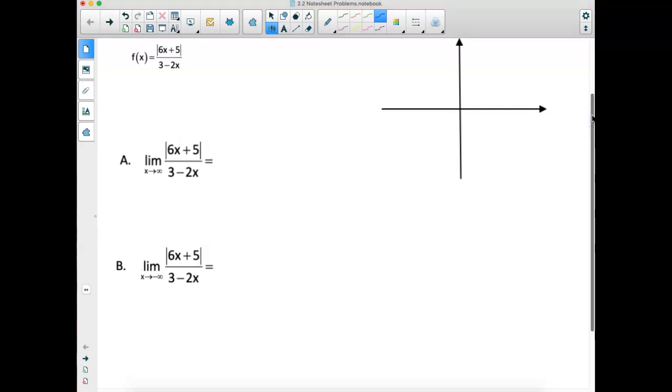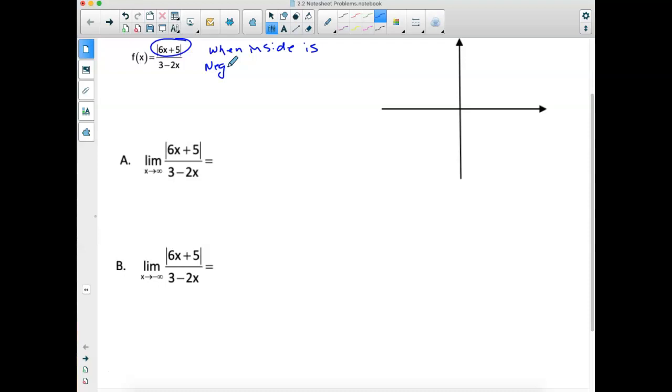If the absolute value was not up there, it's basically a rational function. But remember, all that absolute value does is, when the inside is negative, it spits out a positive number, right?